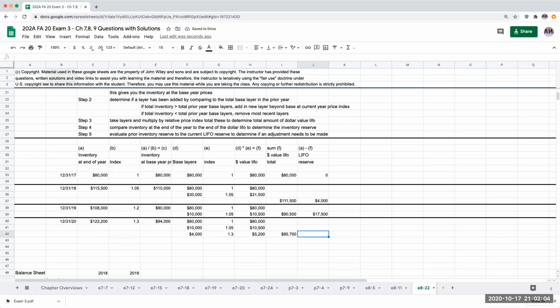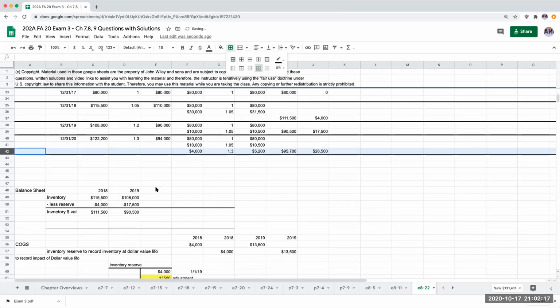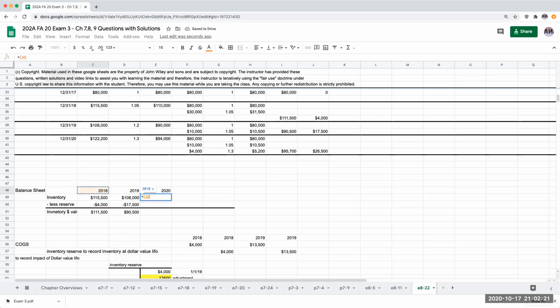So my reserve for LIFO is going to be 122.2 minus 95.7, or a total of 26,500. If I go to the balance sheet at 2020, my inventory shows 122.2 and my reserve is now 26.5. So my ending inventory under dollar value LIFO is this 95,700.